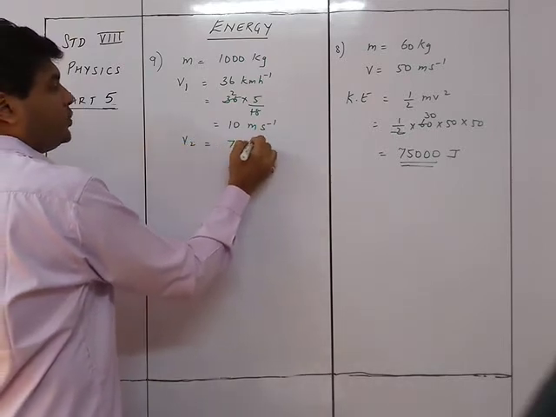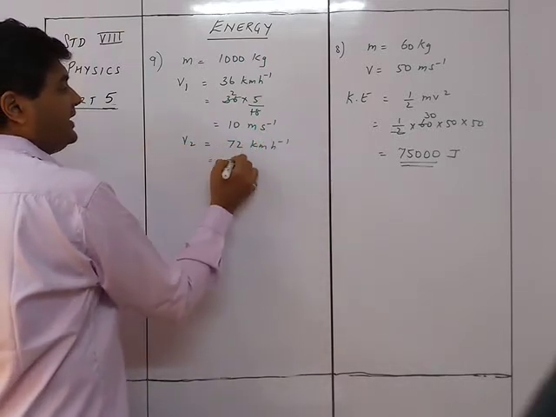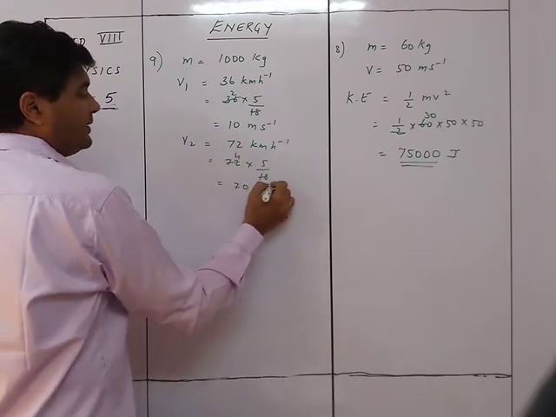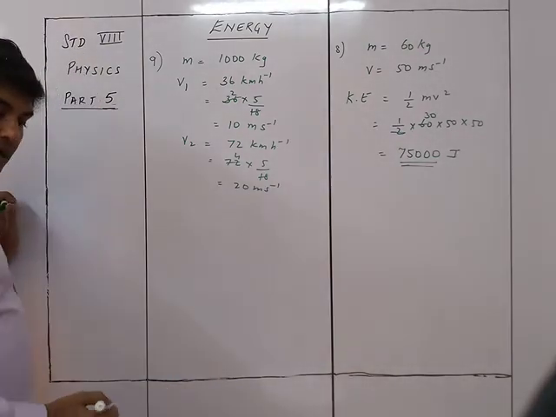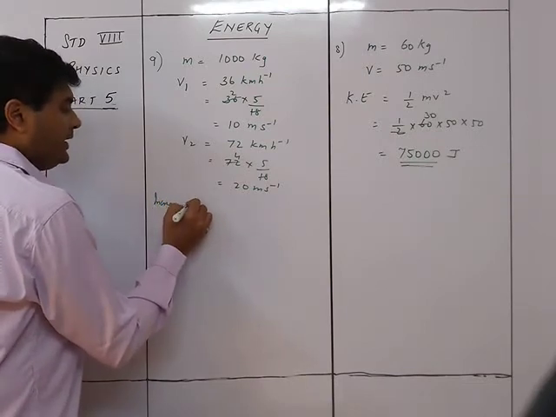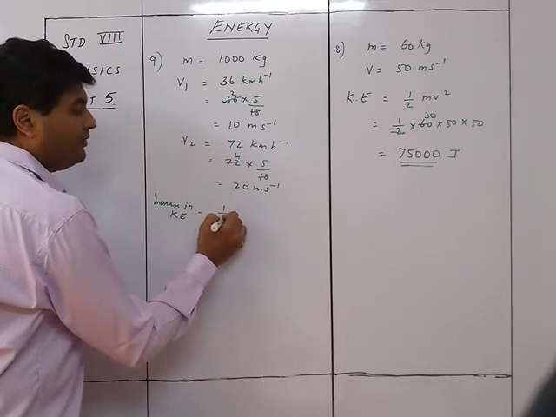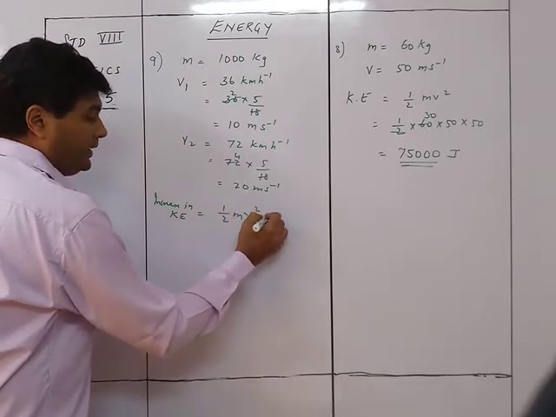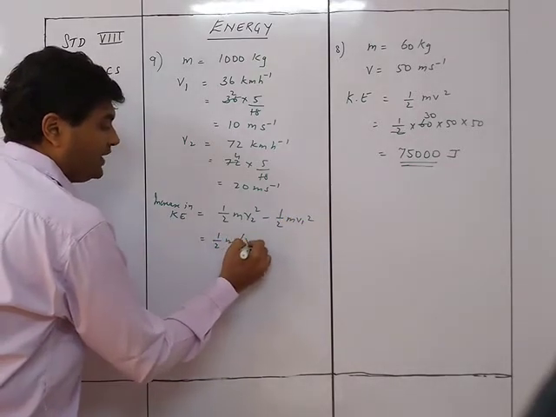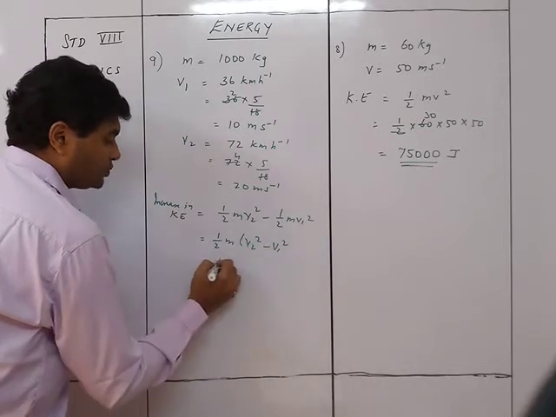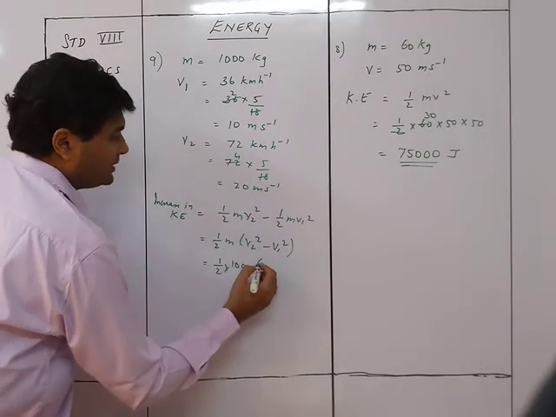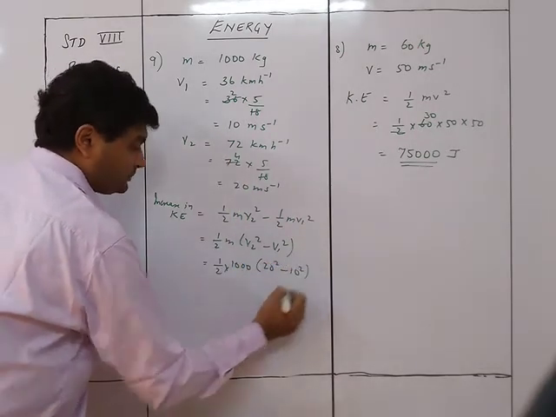V2 is given as 72 kilometers per hour. That is 72 into 5 upon 18, that is 4 into 5, that is 20 meter per second. That's V2. We need to find out the increase in the kinetic energy. So the change in kinetic energy is equal to half mv2 square minus half mv1 square, which is equal to half m into v2 square minus v1 square, which is half into 1000 into 20 square minus 10 square.